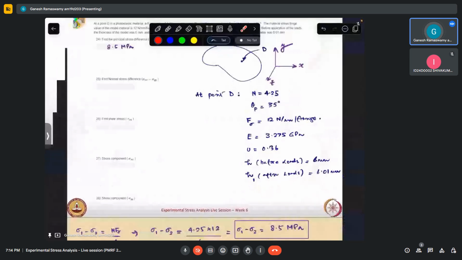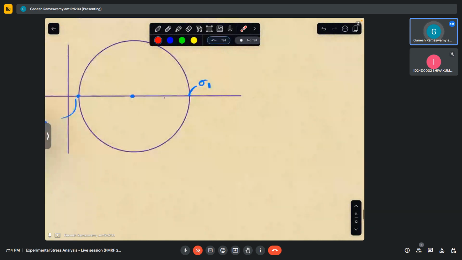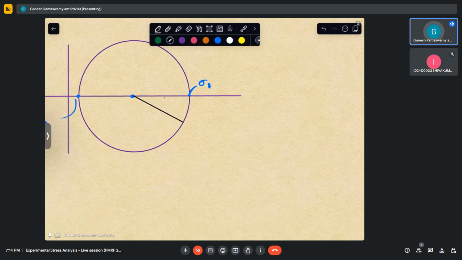And when we go to Mohr circle, we look at 2 theta basically. So I can take a line like that and rotate it by minus 2 theta p in order to get to where my plane is. So when I rotate it by minus 70 degrees, I have got to where my plane is.